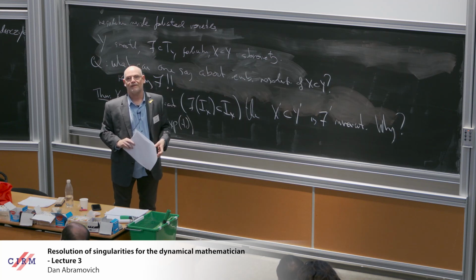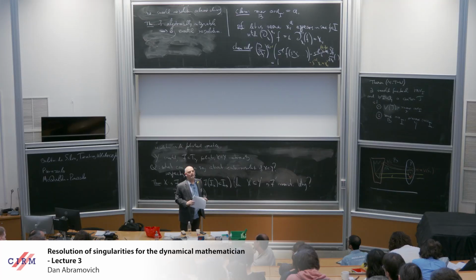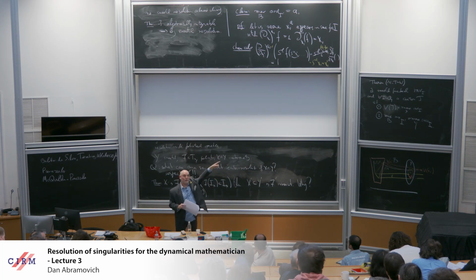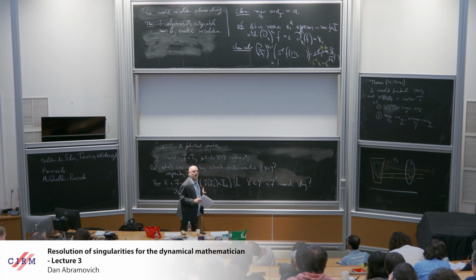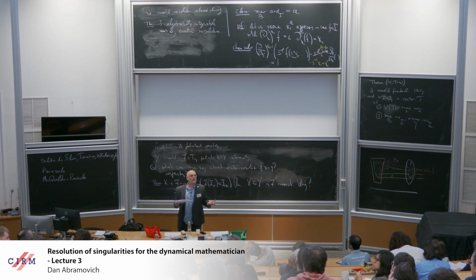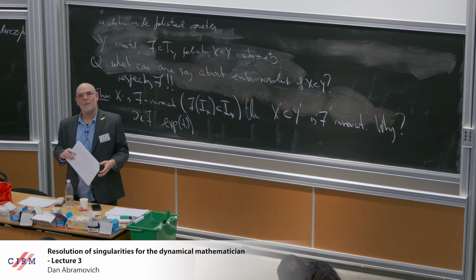The center of the blow-up in the usual resolution of singularities, in the theorem that we proved last time and finished today, is invariant under F. And F will lift after.